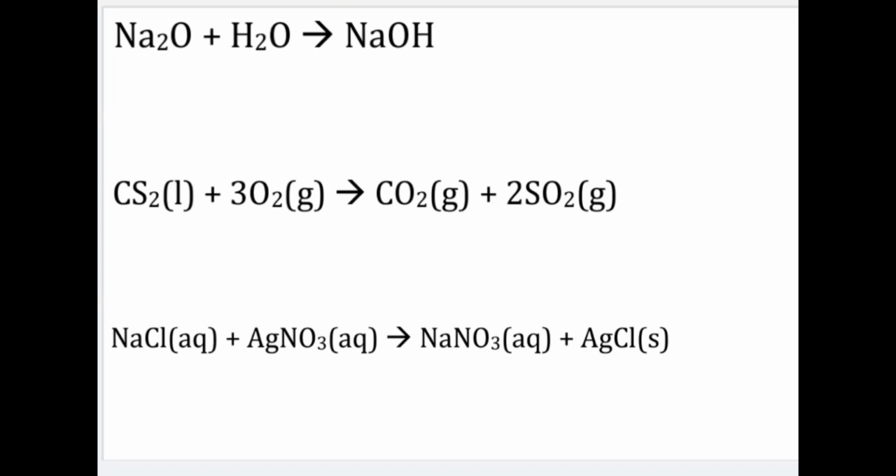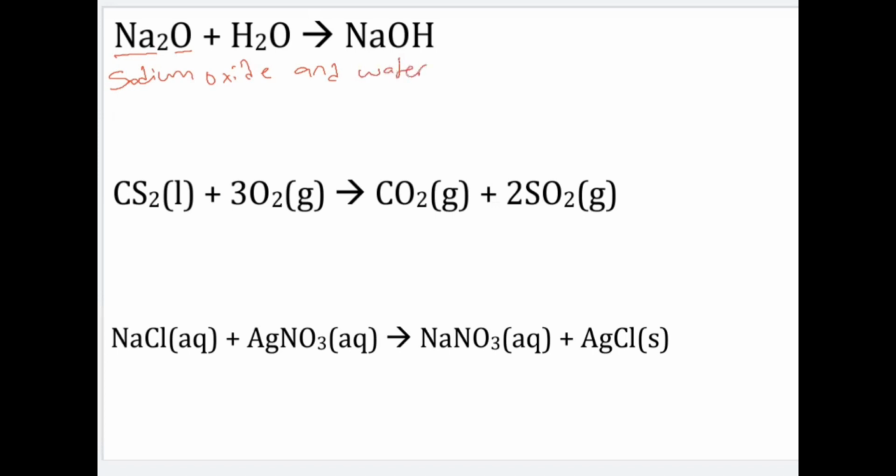So the first one tells us that Na2O plus H2O. So the first thing is, what is this Na2O? We notice that we use two elements, the Na and the O. So that means we go with the first one first, which is sodium or Na, and it's O, so that means it's oxide, sodium oxide. And we can say and plus, and H2O we know is water.